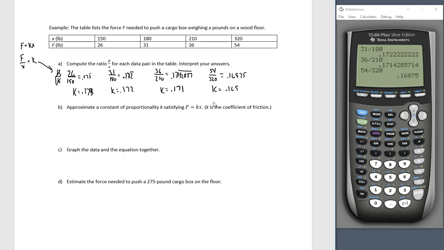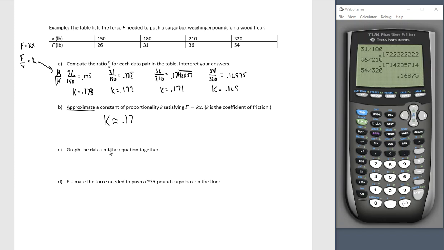That 0.17 is pretty close to approximating this, and F over X is going to be our ratio K. K is approximately 0.17. That seems the most reasonable.